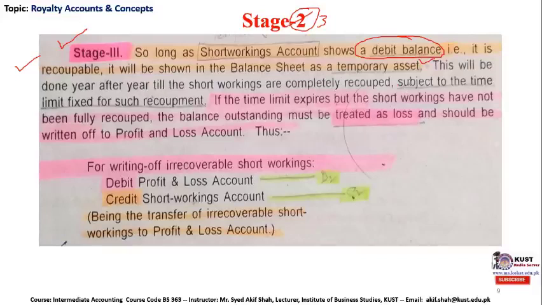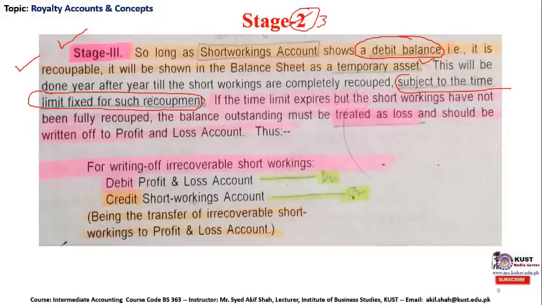Subject to the time fixed for recoupment, normally the lessor limits the time for recoupment of the short working amount, the excess amount you have paid to the landlord in the starting years of the business. Normally the lessor restricts it to 2, 3 or 4 years.